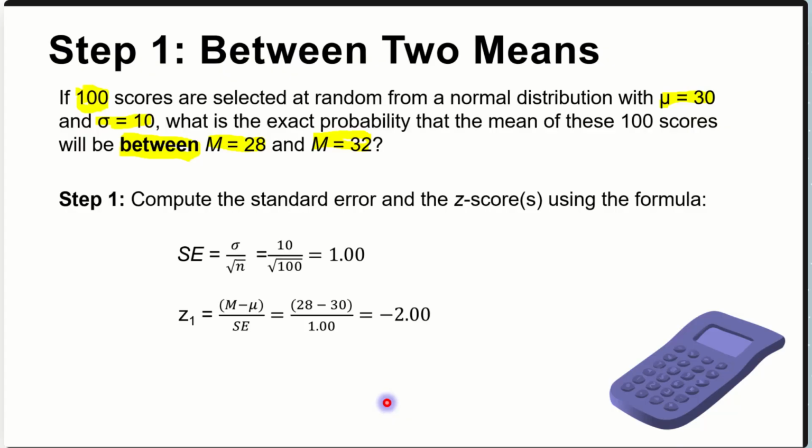That's our z-score 1. Now we need to transform our mean of 32 into a z-score. That would be 32 minus 30 divided by 1, and that's +2. So those are our two z-scores, and that's step 1.